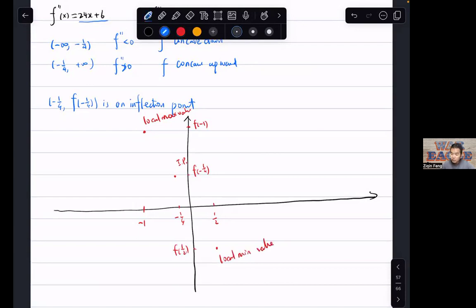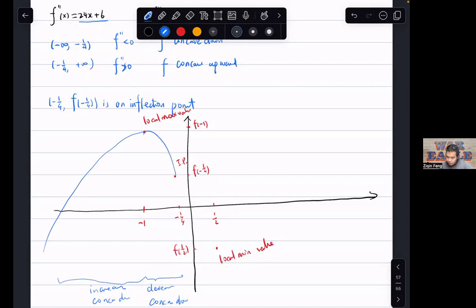Now we are ready to sketch it. We know that from here to here, it is increasing but concave downward, so it's something like this. And from -1 to -1/4, this is decreasing, still concave downward, so it's something like this.